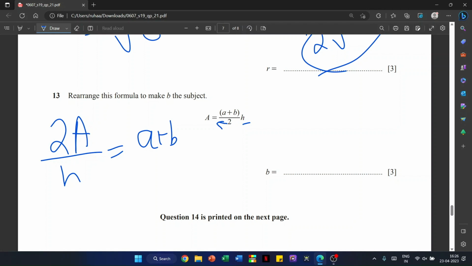But the simpler way is to just multiply a by 2 and divide it by h, which will give us b is equal to, just subtract a over there, 2a by h minus a. It does not ask us to simplify it, but if we had to, just take the LCM over here, and this will be like that.